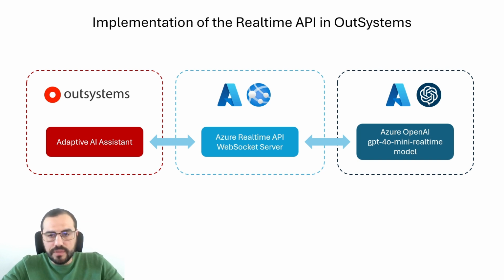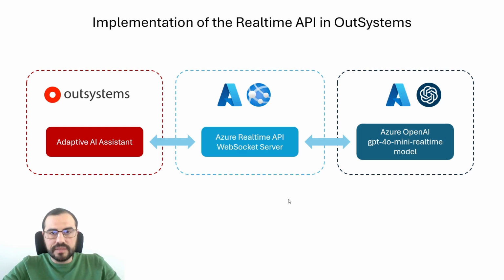I deployed this model, and the moment I deployed it, it was available to be used with a WebSocket connection. But we have a problem here, because WebSocket connections normally are not easy to implement in a secured way directly on the client side.